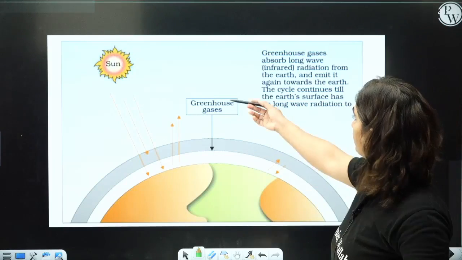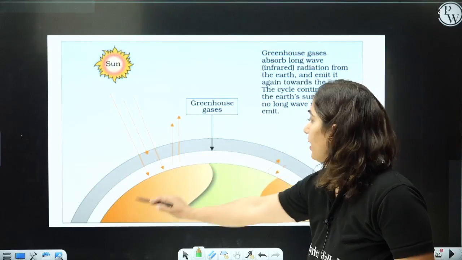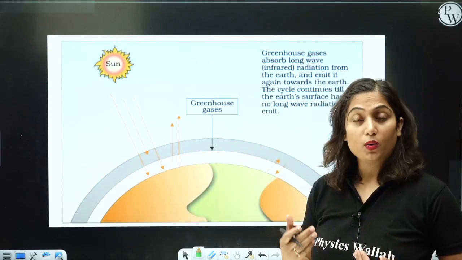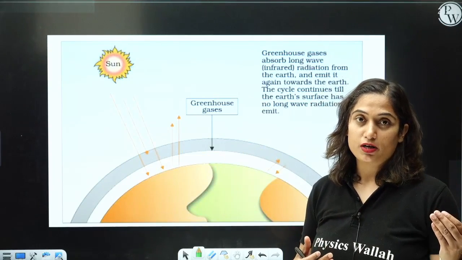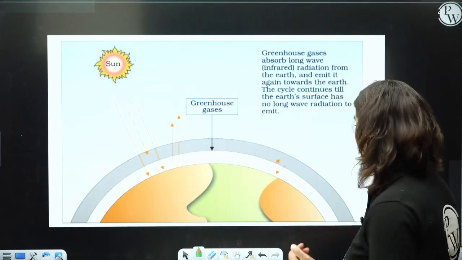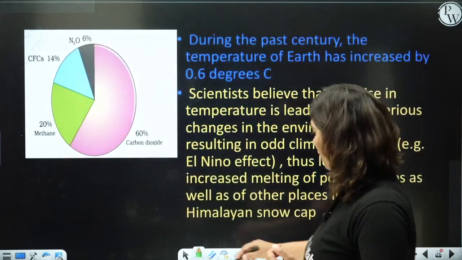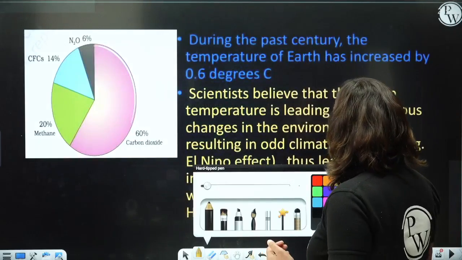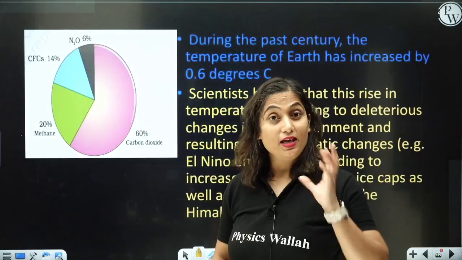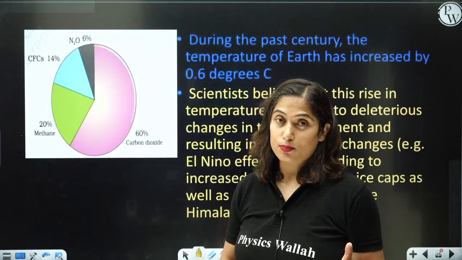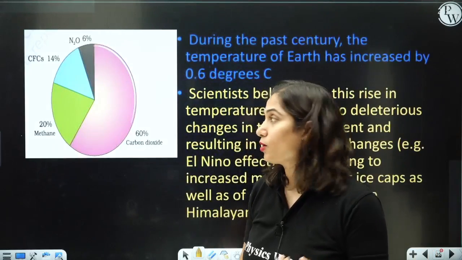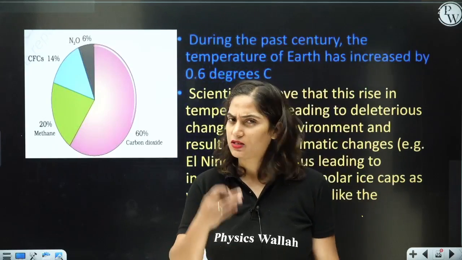So see, these are the greenhouse gases in the atmosphere which are not allowing the escape of this infrared radiation and cause global warming. So that means the increase of greenhouse gases in the atmosphere of Earth is causing global warming. And what are those greenhouse gases? Very important.